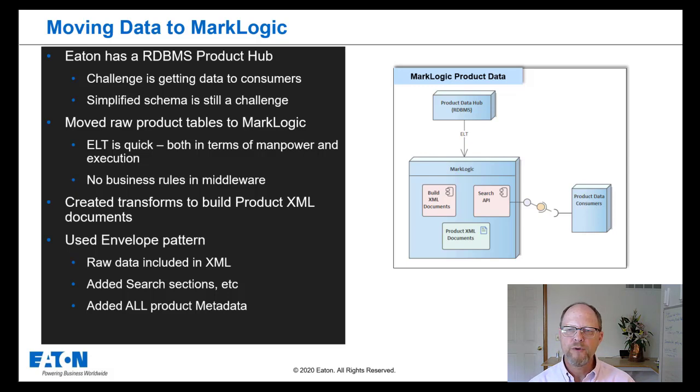We did an ELT movement, so it's just a real quick query of tables that get copied into MarkLogic in their base form. And then we do transforms, right? So we transform all that raw data into envelopes. We keep the raw data associated with a particular product in its envelope, but we create one envelope for each product.